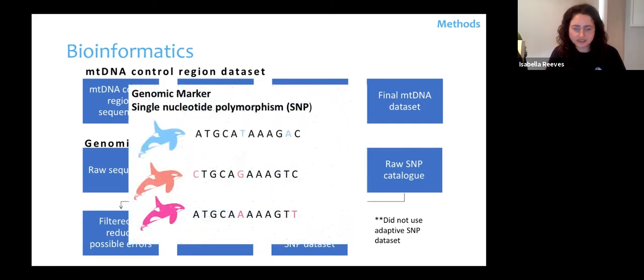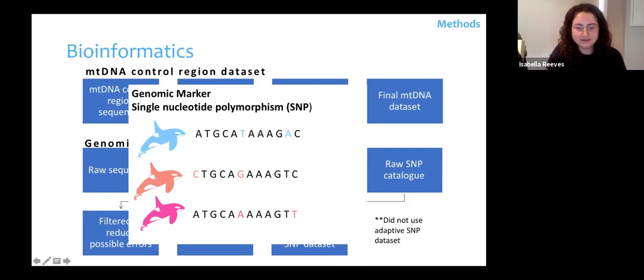Now, just as a reminder, a SNP is a single nucleotide polymorphism, and essentially it's just a single substitution within a sequence. So as we can see here, I've done killer whales because I like killer whales, but we've got 3 distinct individuals and they've got distinct changes or differences in their DNA sequence.